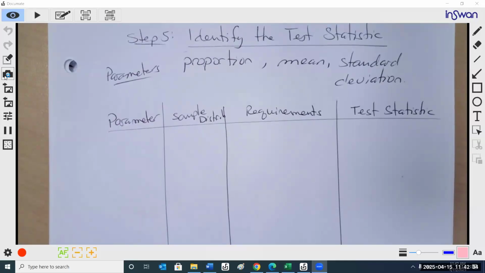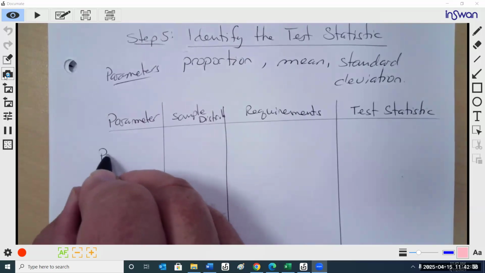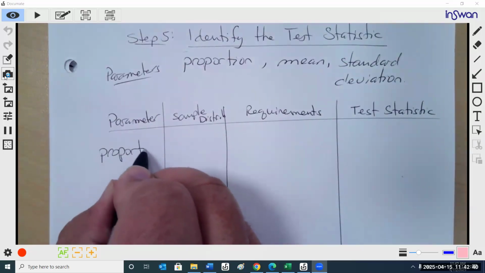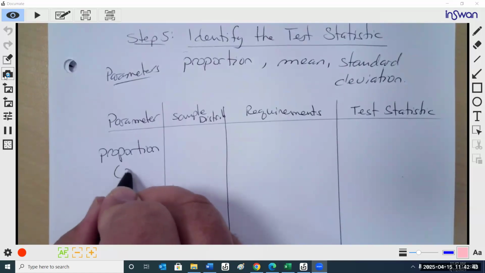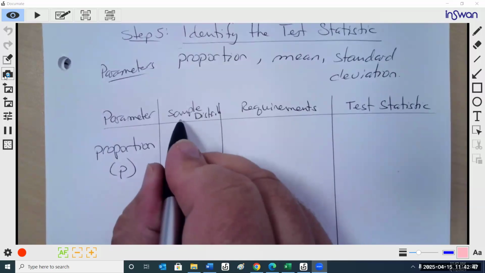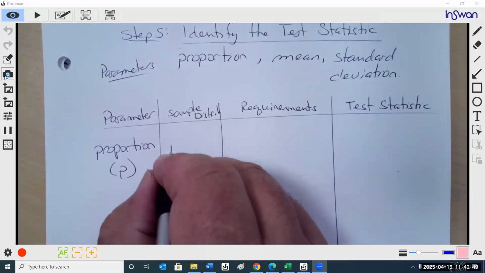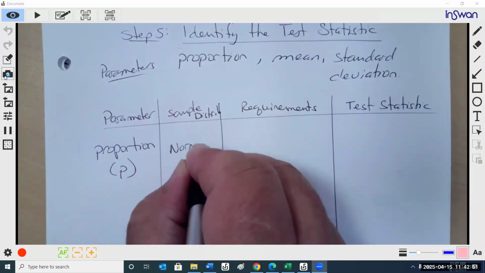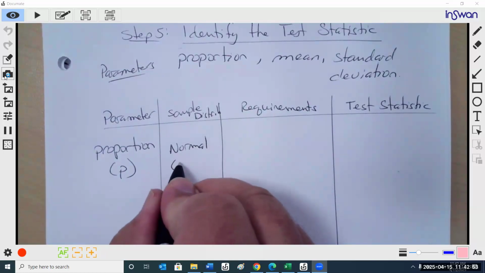So the test statistic depends on which parameter you have. If you're dealing with proportions, that's the P. It's got to be normally distributed. And we use the z-score.